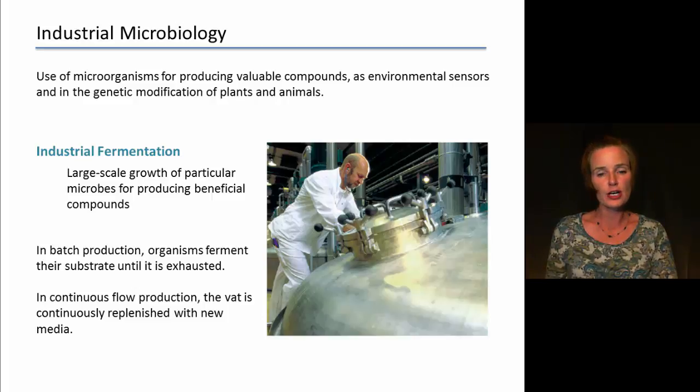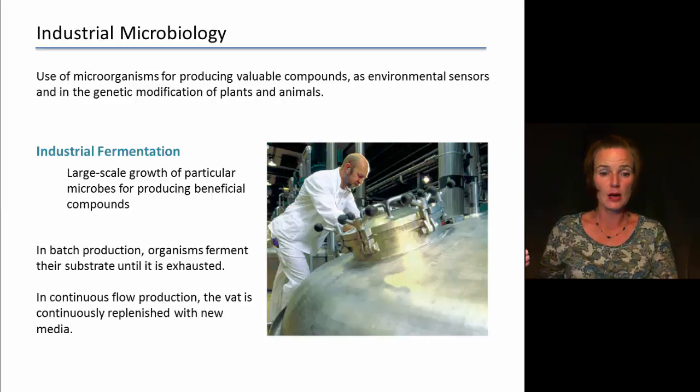With continuous flow production, it is continuous. So what this means is that we will keep replenishing the substrate for the microbes, and at the same time we have to continually remove the waste. So this is something that's going to be much more involved. It's going to require more complex equipment and more complex monitoring, and we can continuously harvest some of the product from that production.